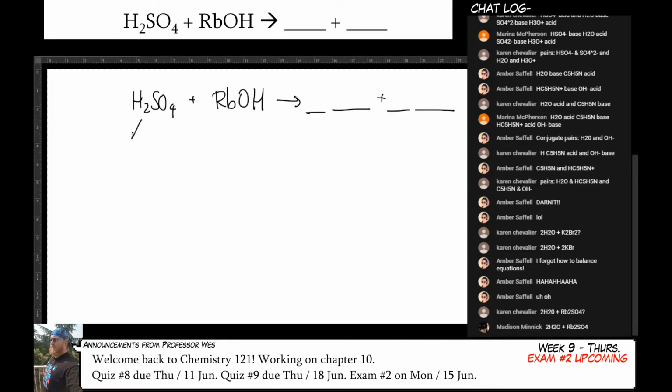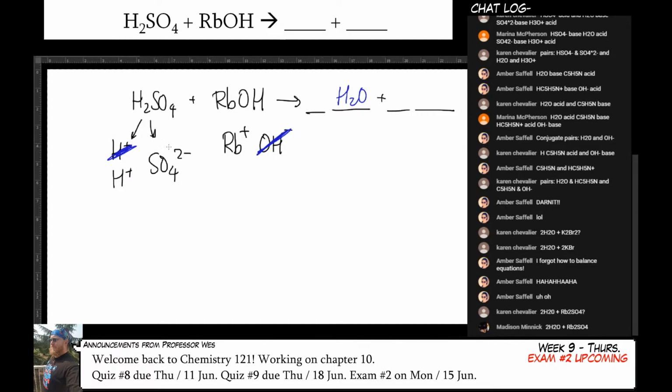All right, so step one, split up all the ions. So we've got H plus, SO4 2 minus, Rb plus, OH minus. Step two, neutralize all the water. Here's the water. Hooray! It's neutralized.